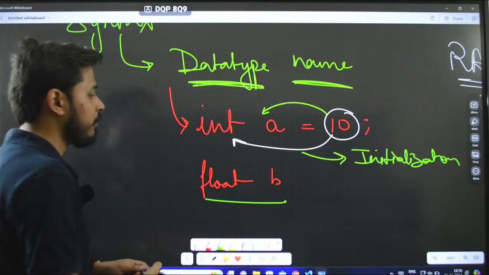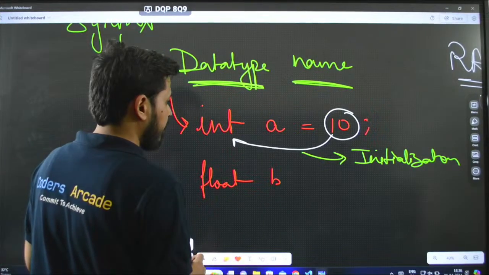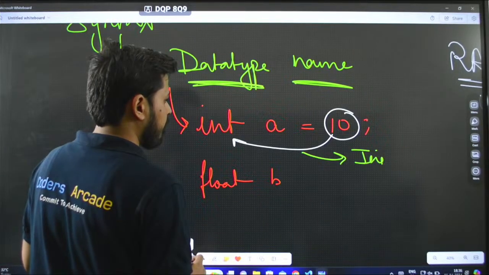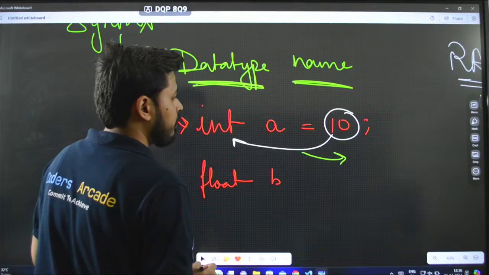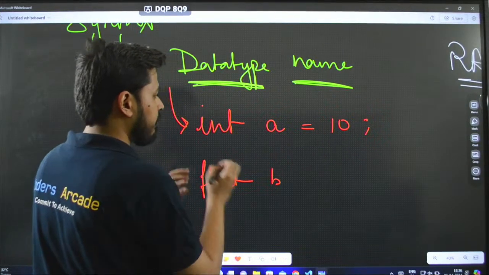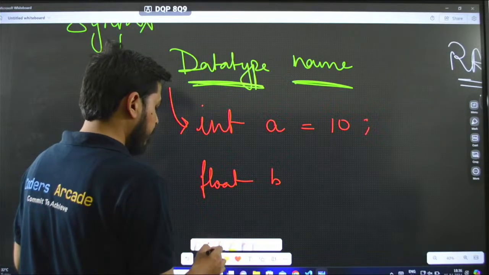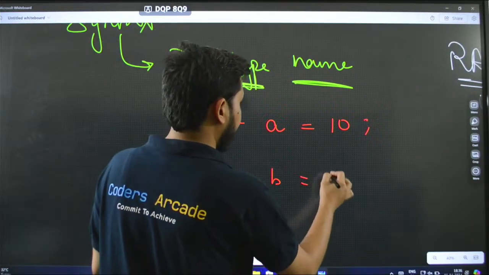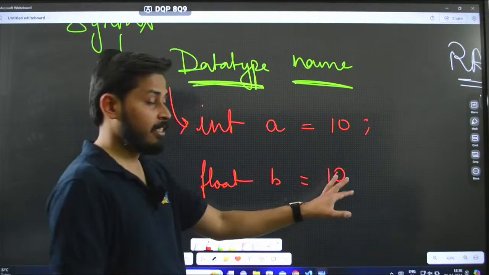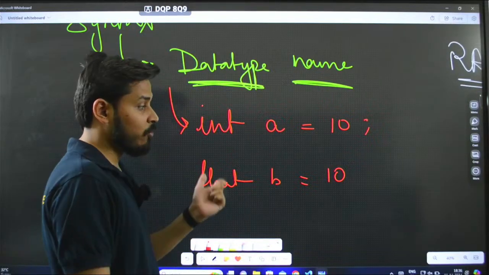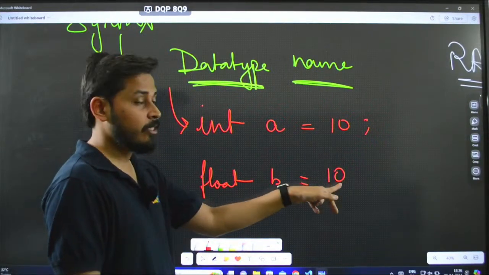So now if I want to initialize this variable, let's say this variable is initialized. Now I want to initialize our float b. I can just say equals to, and I can say 10. Now I cannot just say 10 because it is of float type. It can only hold float values, not an integer value. 10 is an integer value.